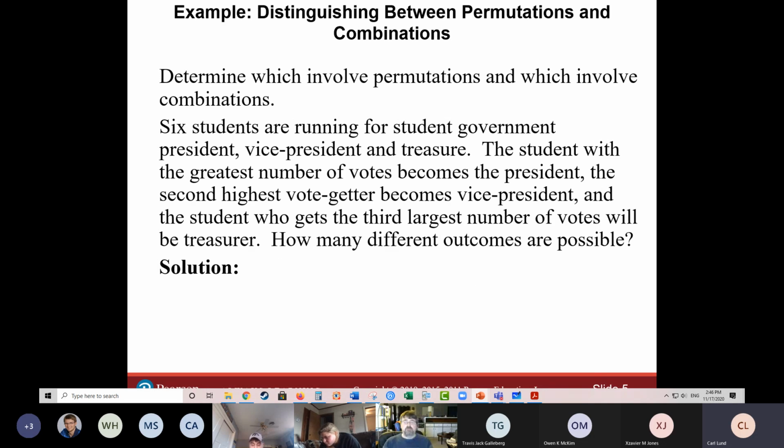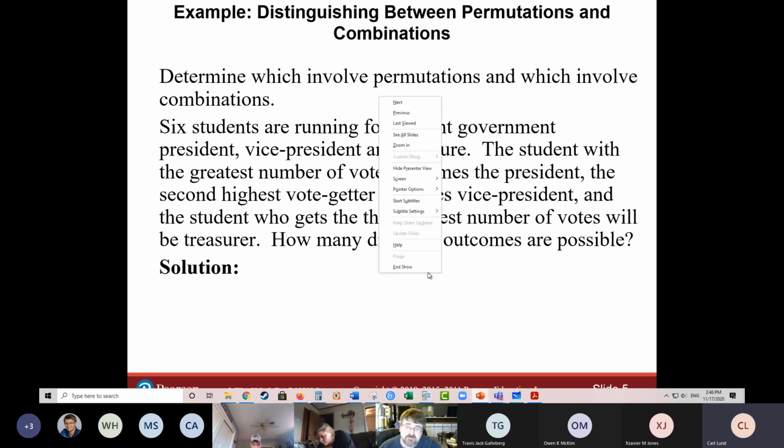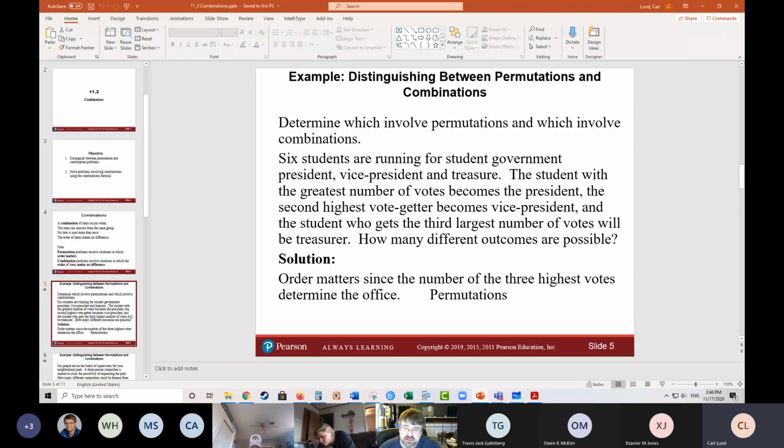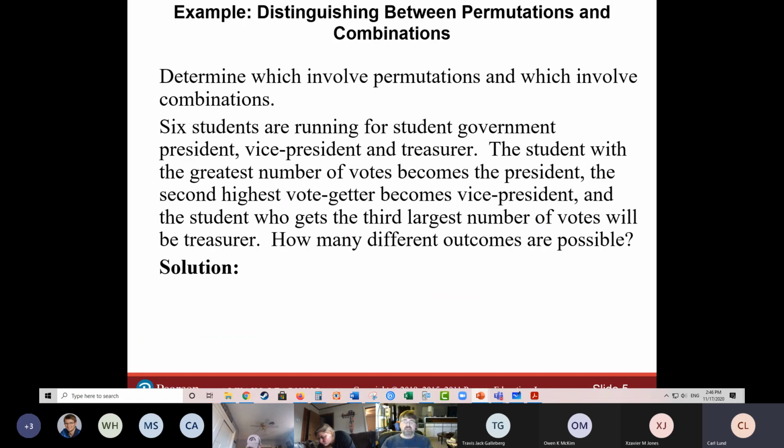So for example, we're first going to just do some more examples of distinguishing between the 2. 6 students are running for student government for the positions of president, vice president, and treasurer. The student who gets the greatest number of votes becomes the president. The second highest vote getter becomes the vice president. And the third highest vote getter becomes treasurer.